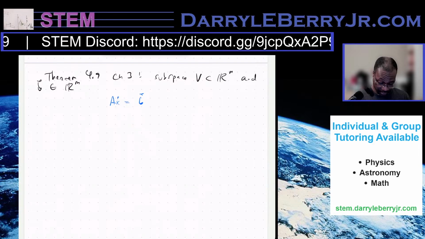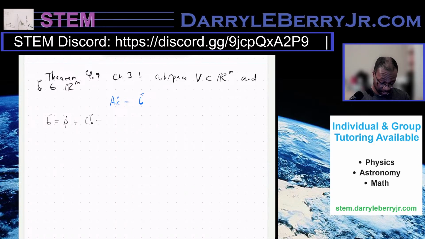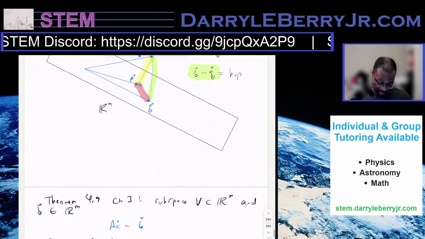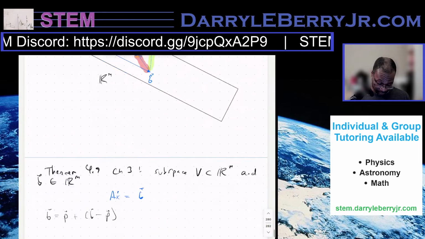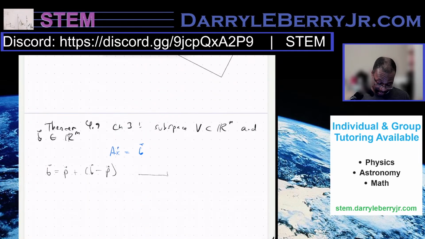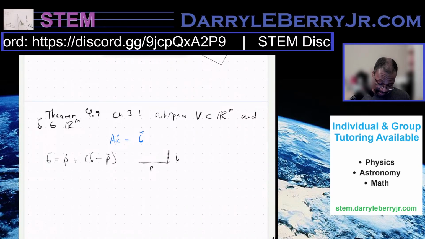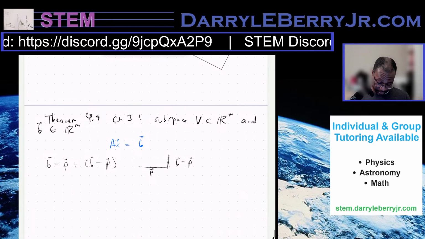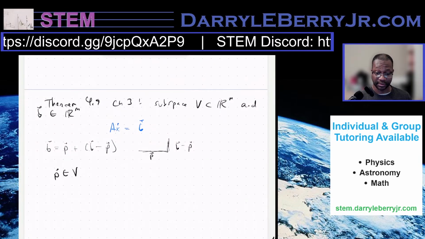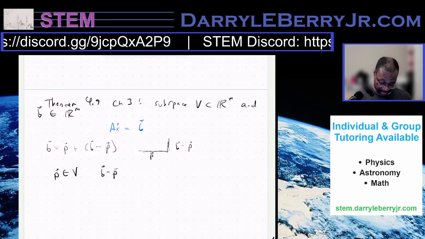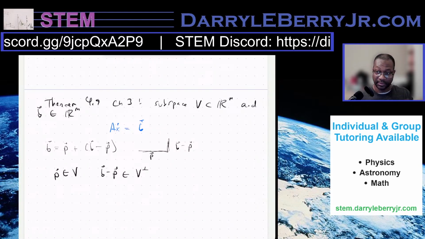There's a unique way to write B equals P plus B minus P, which is simply calling out this action here, and P is in the vector space, but B minus P is perpendicular to the vector space. Everything makes sense so far?